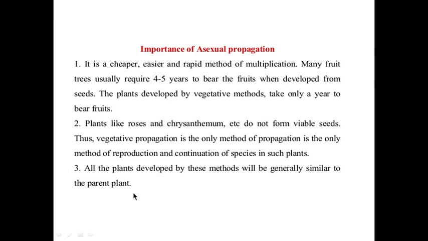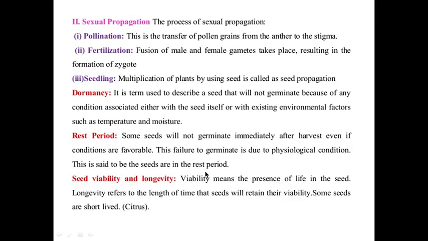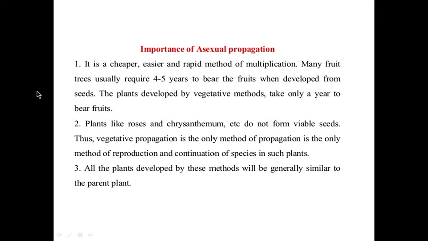All the plants have the same genetic makeup, are genetically identical, or are clones, and that will be helpful to maintain the species of that particular plant. So here the asexual reproduction will end.